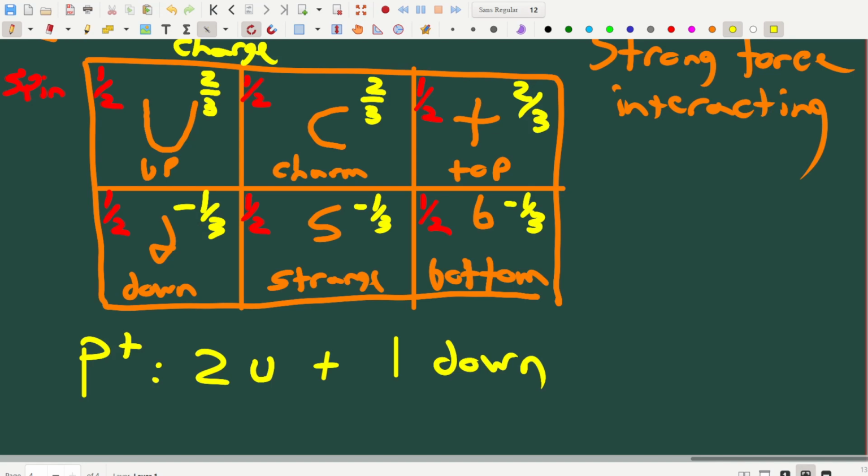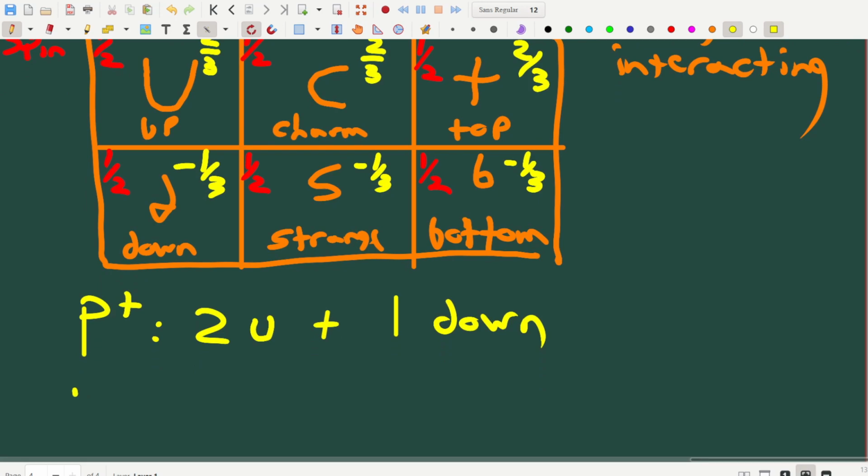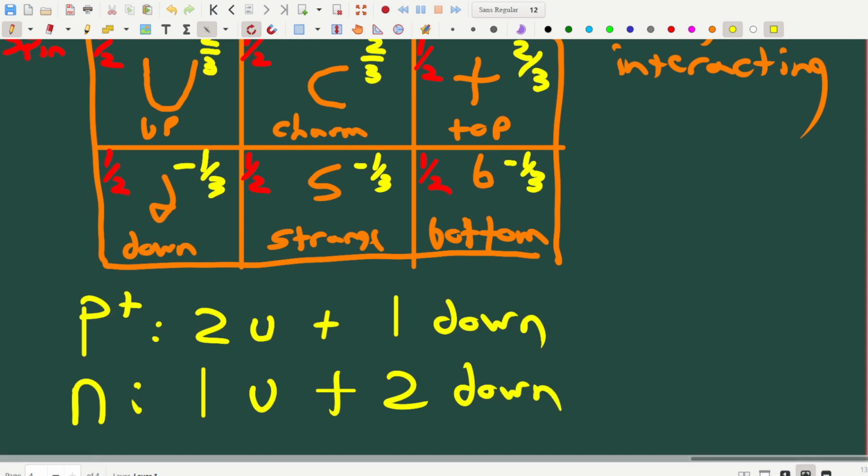And then we subtract a down, which is -1/3, and we get a charge of +1. So the charges all add together. Quarks provide a fractional part of the fundamental charge for the nuclei. And a neutron is 1 up and 2 down. You get a +2/3 from the up, and then -2/3 from the two downs. You have a net charge of 0.